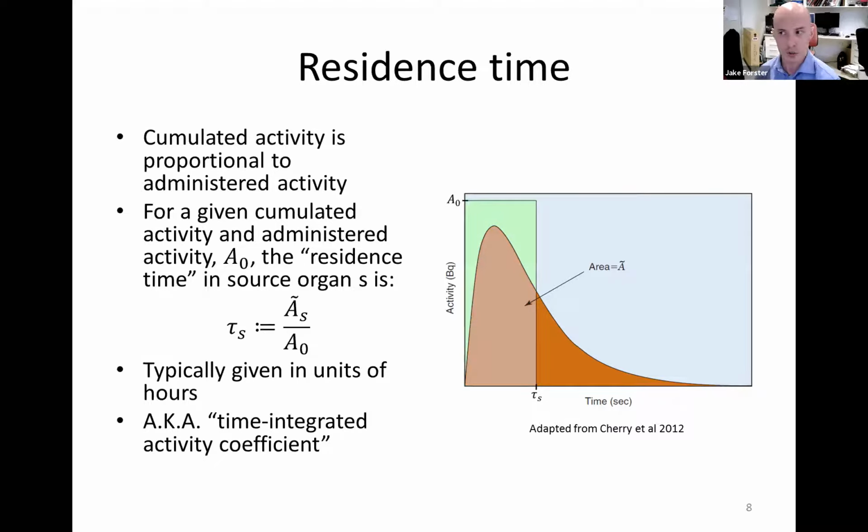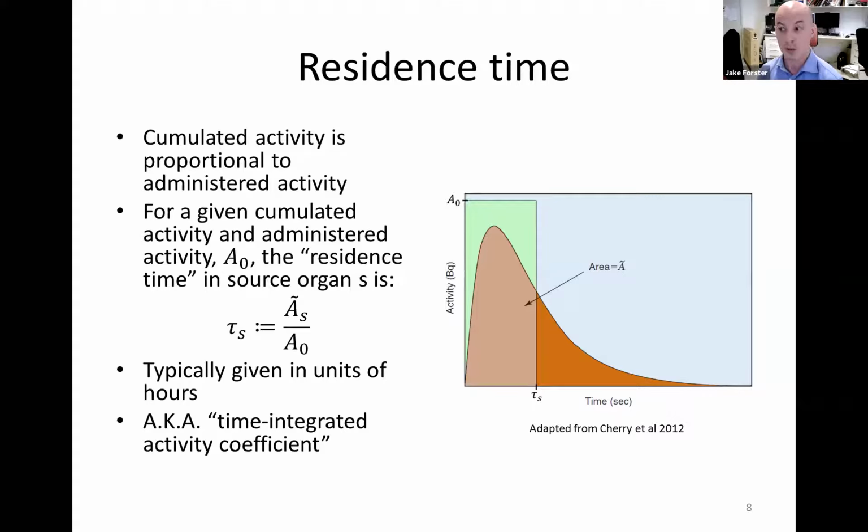The next quantity I want to introduce to you has some negative connotations to it, but it is still used today. The reason it has some negative connotations is because it's a common source of confusion for people in this area. This is the residence time. I want you to consider that green rectangle on the figure, which has height equal to A0, which is the administered activity.